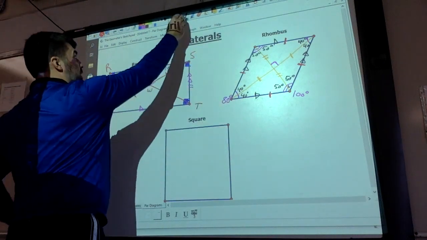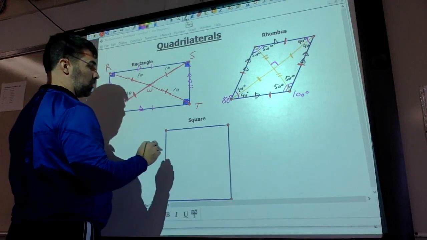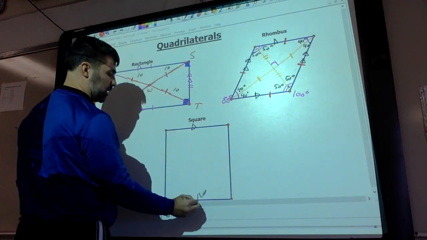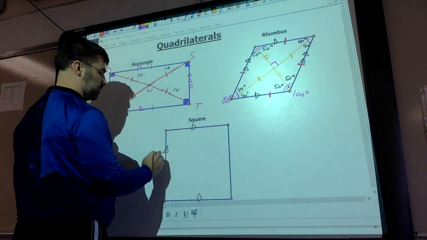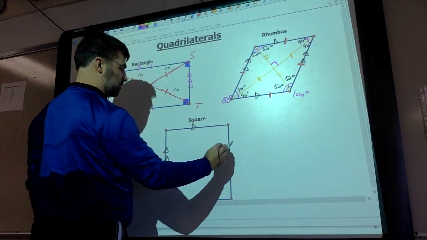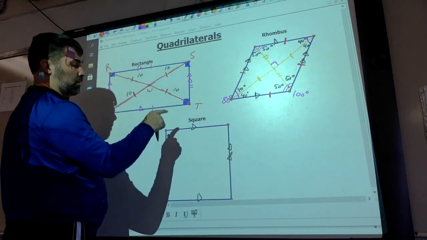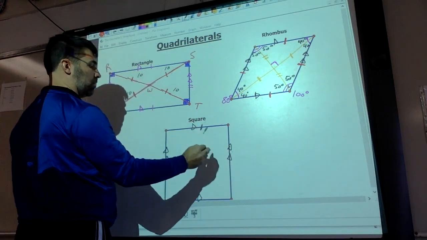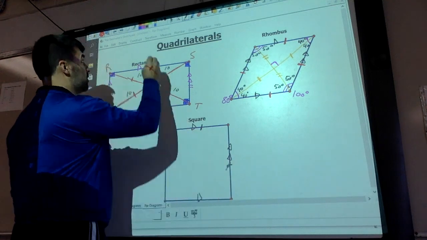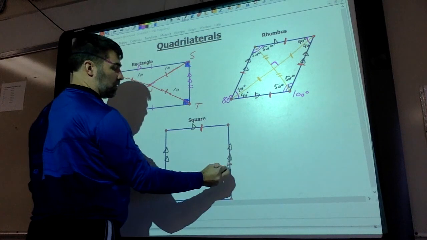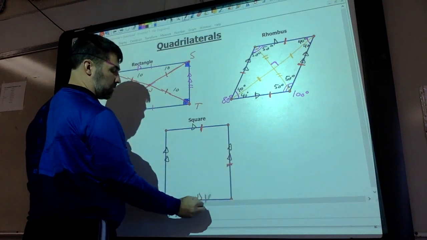All right, so let's talk about the properties on every parallelogram. So I've got opposites are parallel. Okay, opposites are congruent, but we know a square, all 4 sides are the same. So I'm going to have a mark there. I'll make it a different color. All 4 sides are going to be the same.